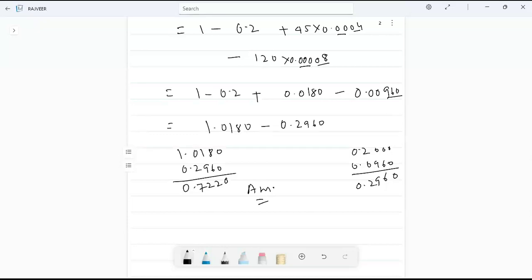Question 14. We are doing question number 14 now, right?